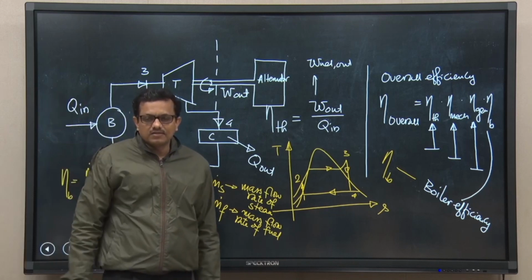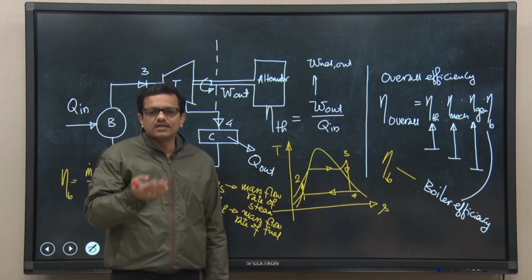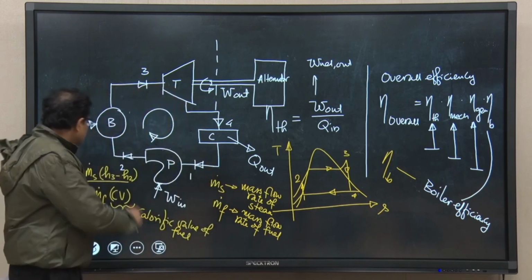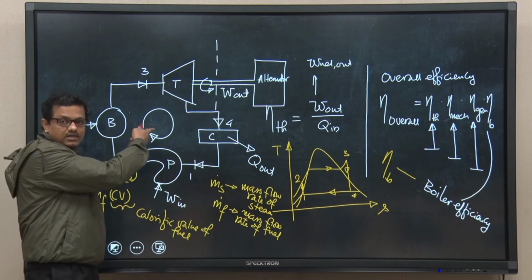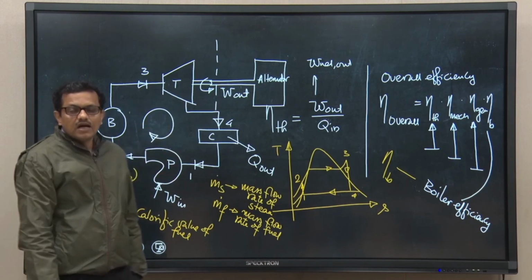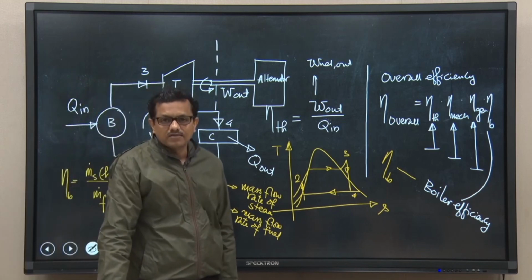Heat transfer takes place from one stream to the other. What are the two different streams? One stream is steam water and the other stream is hot flue gas, the high temperature products of combustion.